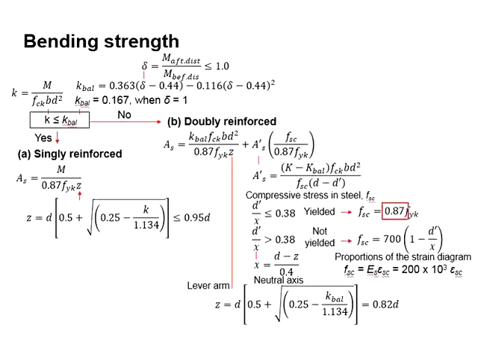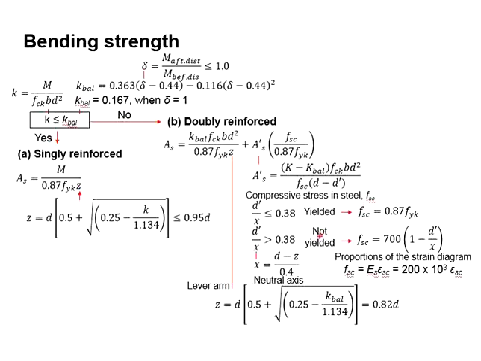This 0.87 is due to the factor of safety of the material. For steel, the factor of safety will be 1.15. The 0.87 is due to 1 per the factor of safety of the steel.